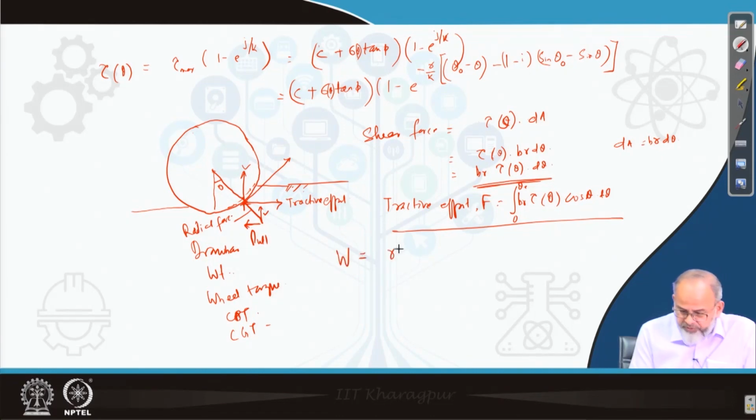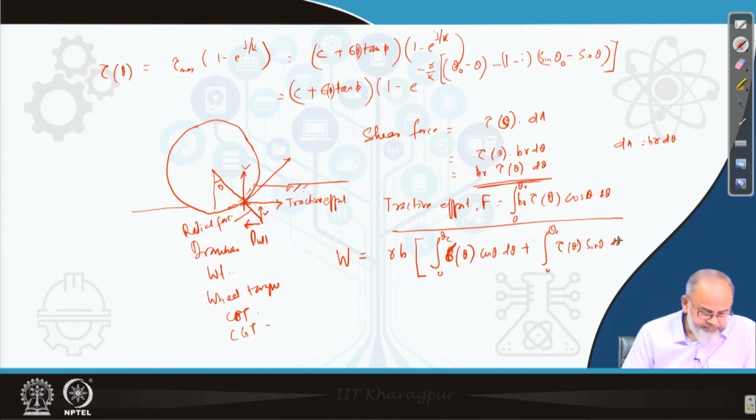So, weight will be equal to R B, integrated from 0 to theta e, P theta or sigma theta into cos theta d theta, plus 0 to theta e tau theta sin theta d theta.